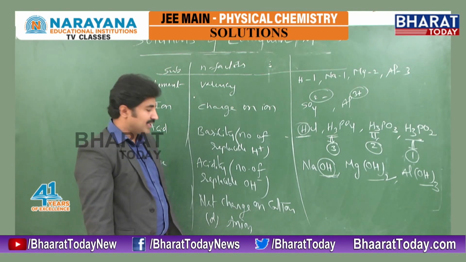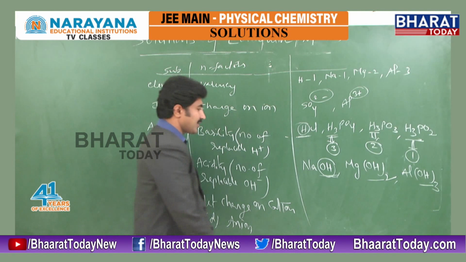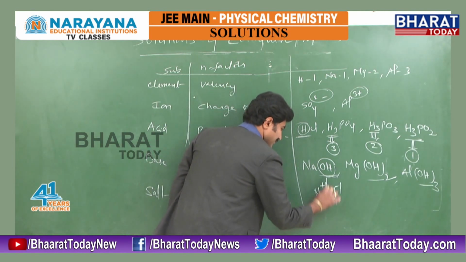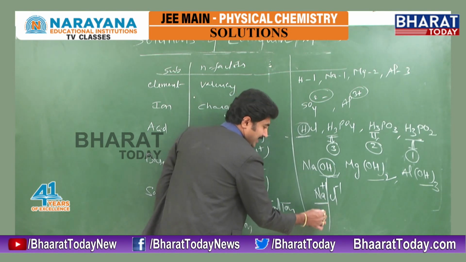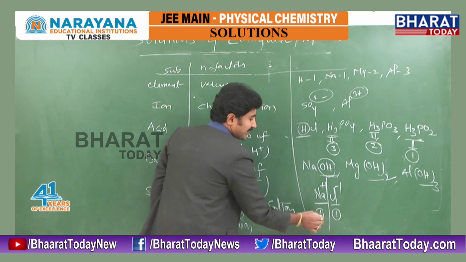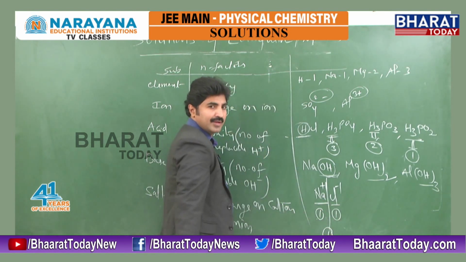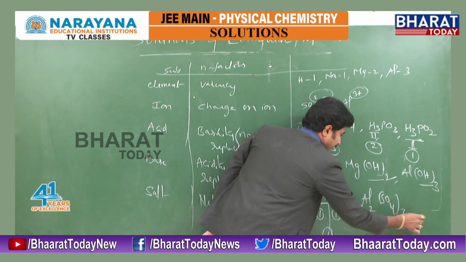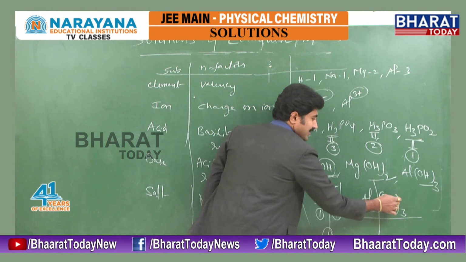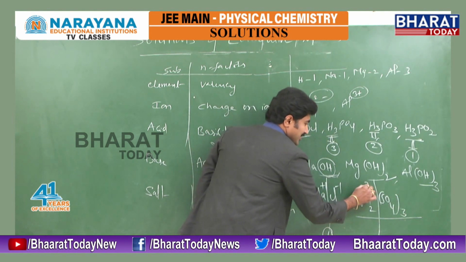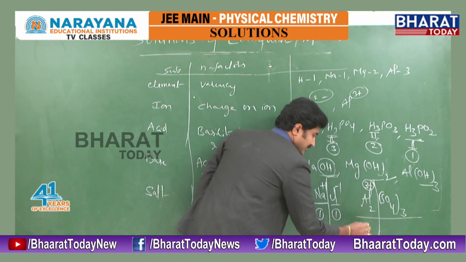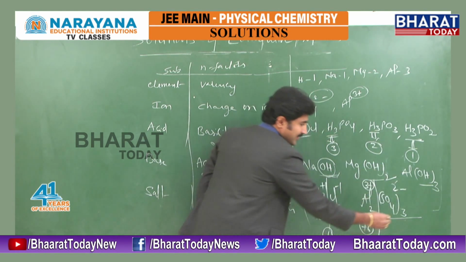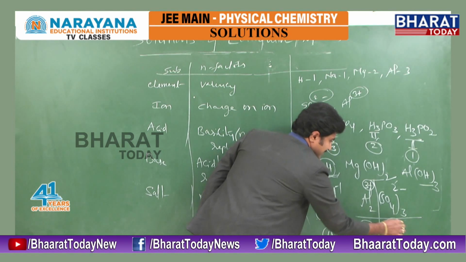Next, for salt, what is n factor? Net charge on cation or anion. If you take NaCl, Na plus, Cl minus, net charge on cation is 1, anion is also 1, therefore its n factor is 1. Aluminum sulfate, Al2(SO4)3. In this there are 2 aluminum ions and 3 sulfates. Each aluminum 3 plus, 2 into 3 is 6, and each sulfate is 2 minus, 3 into 2 is 6.